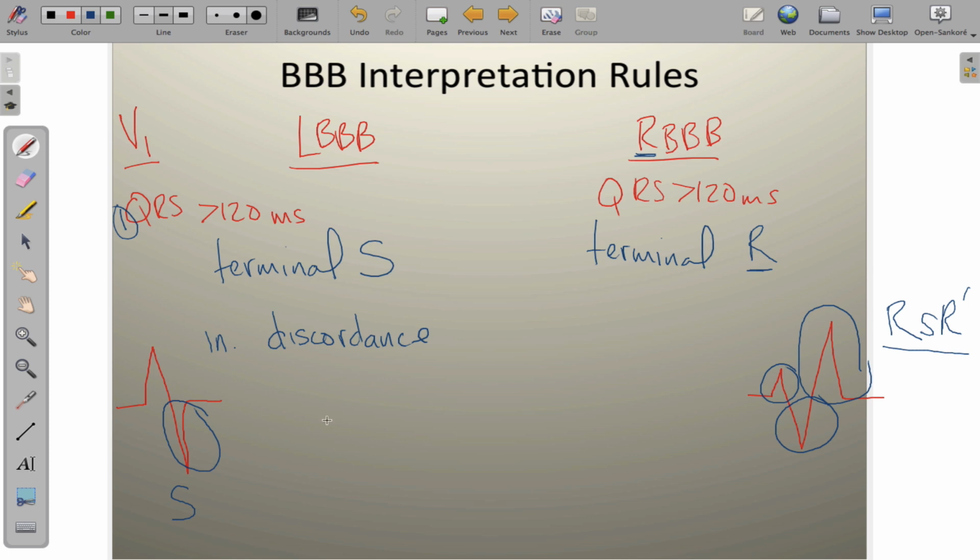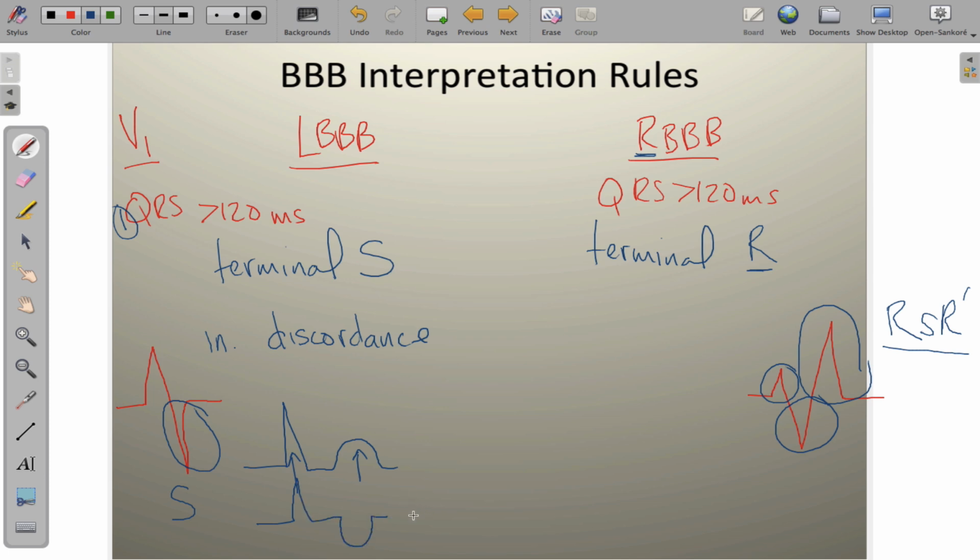Normally when we have a QRS complex, it is typically followed by a T wave, and both of these complexes are oriented in the same direction. As you'll see in this case, the QRS complex is upright, and it is followed by a T wave that is also upright.